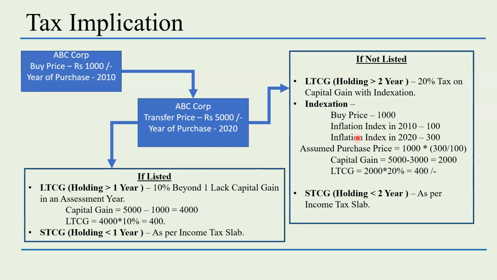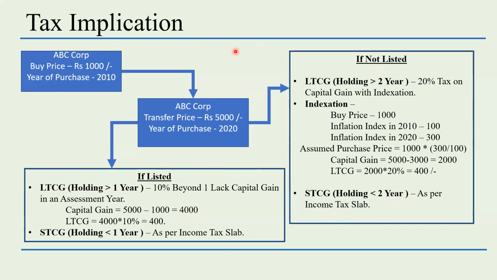So it depends on the number of years you are holding the stock, and also on whether it is listed or not listed. Short-term capital gain applies if you are holding for less than 2 years; buying an unlisted share and selling an unlisted share can also happen. If your holding period is less than 2 years, it falls under your same tax bracket. So short-term capital gain remains the same whether the company is listed or not.